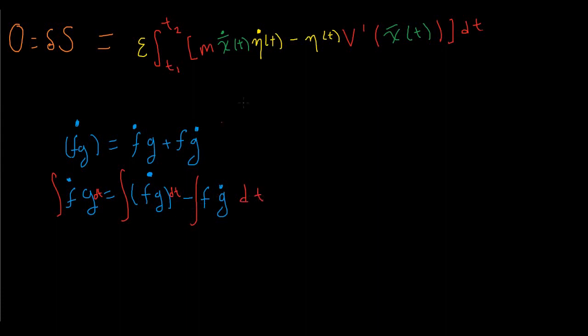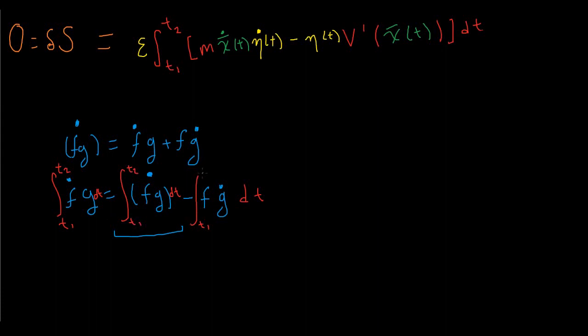And then, by the fundamental theorem of calculus, this whole thing, well, I guess I should put some bounds on my integral. We integrate from t1 to t2 in all these integrals.